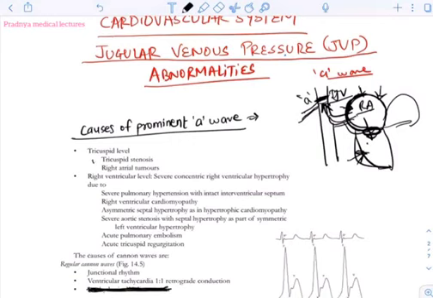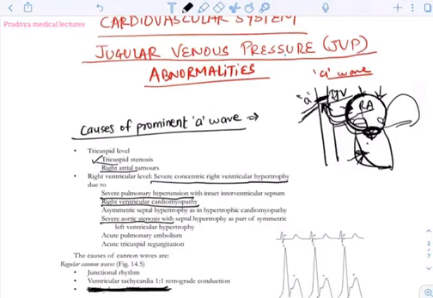At the tricuspid level, tricuspid stenosis: if there is a fixed stenosis, then the atria has to apply more pressure. Then a right atrial tumor: similarly, if the tumor is here or here, the atria has to apply more pressure. Then at the right ventricular level, the causes are severe right ventricular concentric hypertrophy, such as severe pulmonary hypertension with intact ventricular septum, right ventricular cardiomyopathy, and severe aortic stenosis.